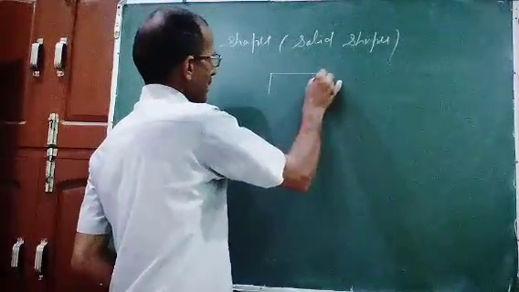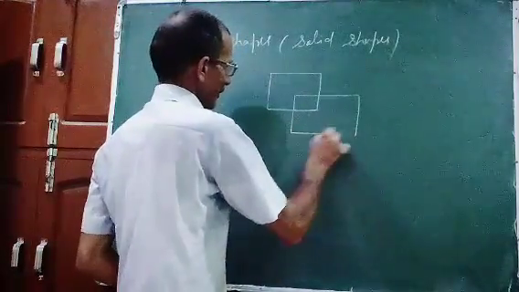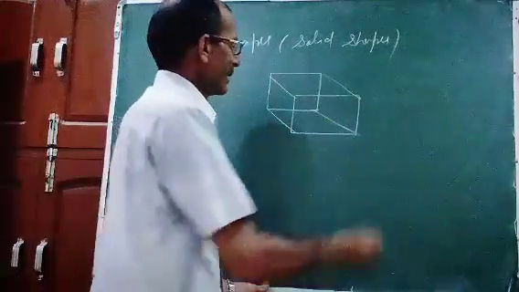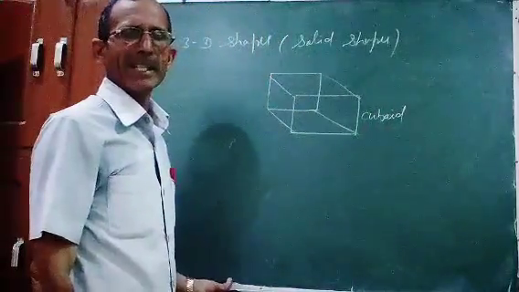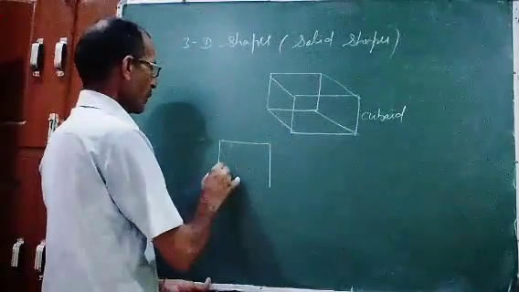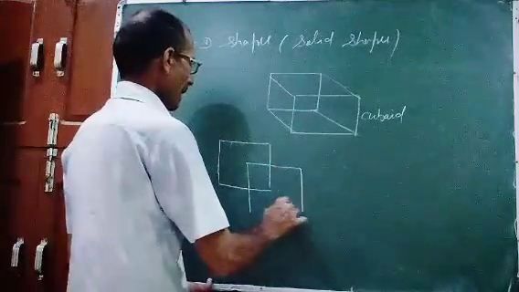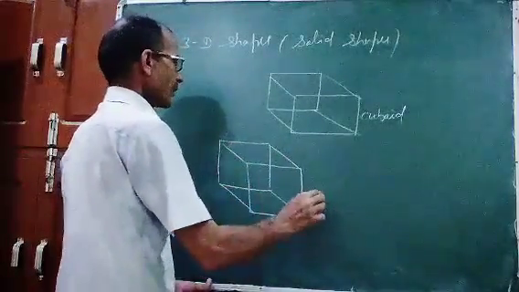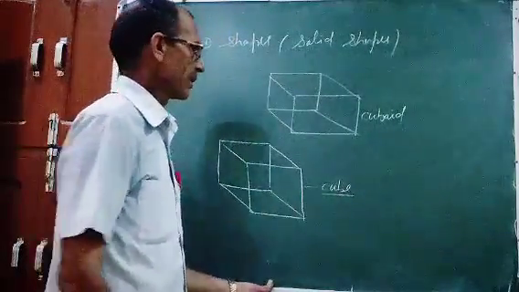So the examples of three-dimensional shapes are, this is a cuboid. A cuboid is a three-dimensional shape. Cube, what is the difference between a cube and a cuboid? The faces of a cuboid are rectangular and the faces of a cube are square. So this is a cube.